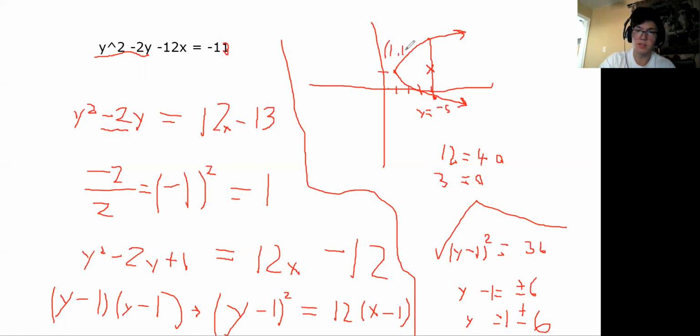A way you could think about it is it's just the opposite sign that gives you where your center is for these. So it's negative, but it's just going to be positive instead. That's a little pattern you can use. We know the focus is at 4, 1. And then we know the points here are going to be 4, 7, and 4, negative 5. And that should be everything.